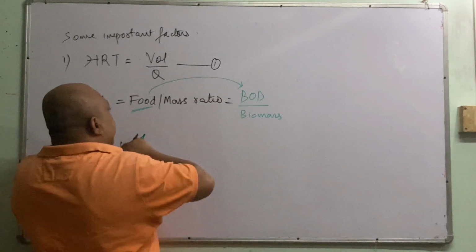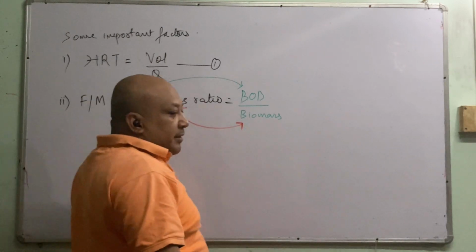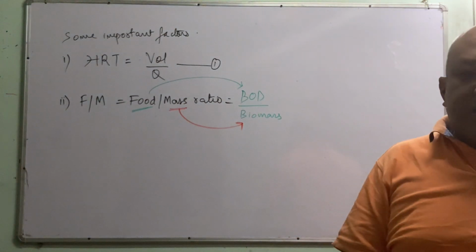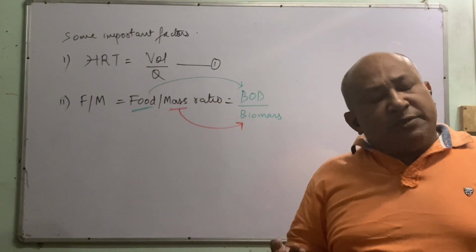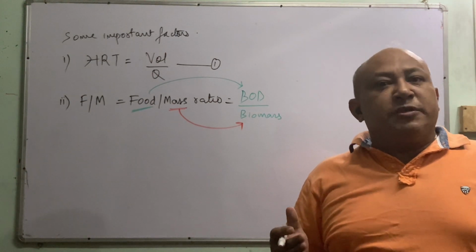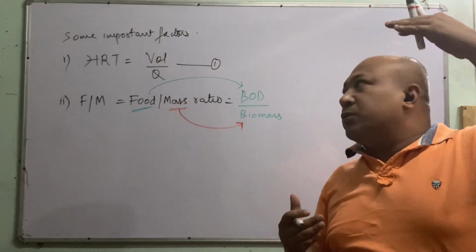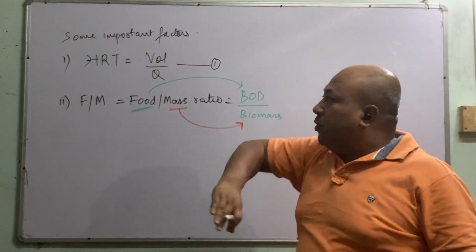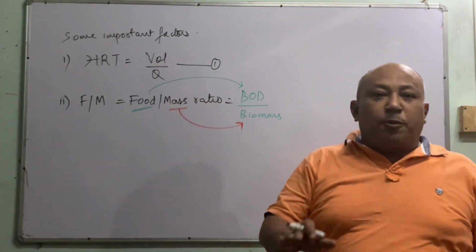If a lot of BOD is coming and your microbes are very, very few, will they be able to eat? No. Food is too much, only a few microbes, the food may escape out because they are going to stay only for a particular HRT. So how much food is coming for how much mass of the microbes.